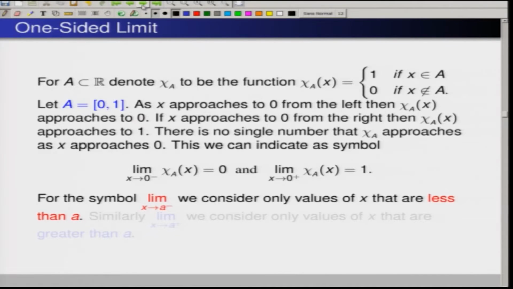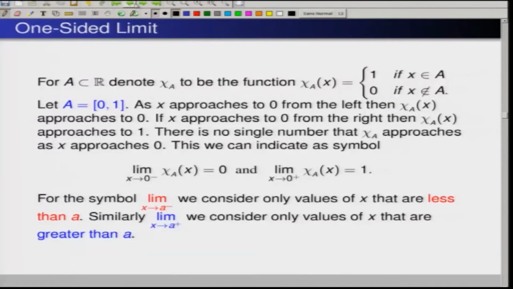Now, for the symbol limit x goes to a minus, we consider only the values of x that are less than a. Similarly, for limit x goes to a plus, we consider the values of x which are greater than a.